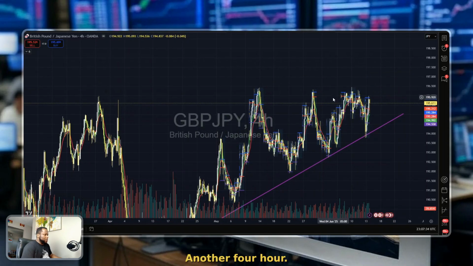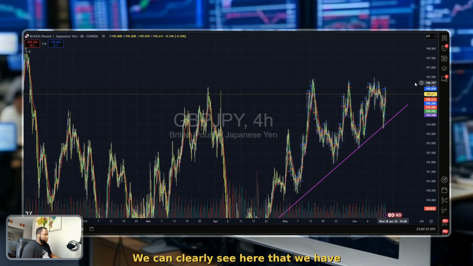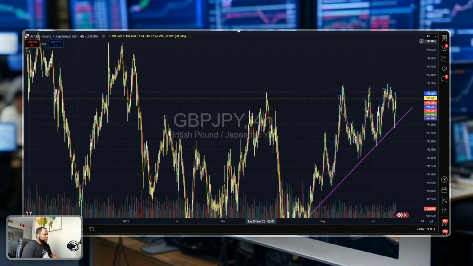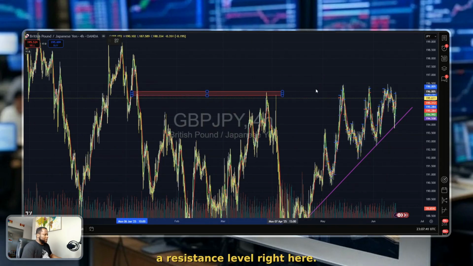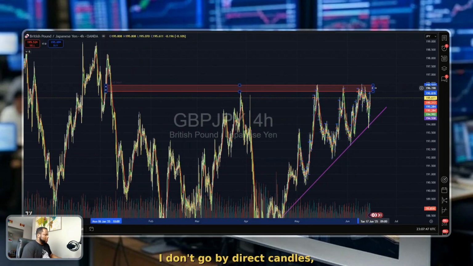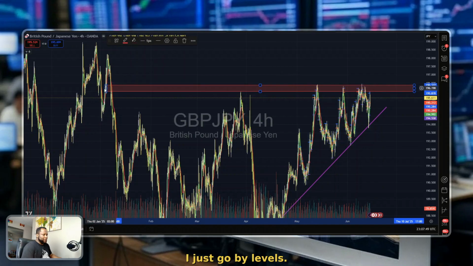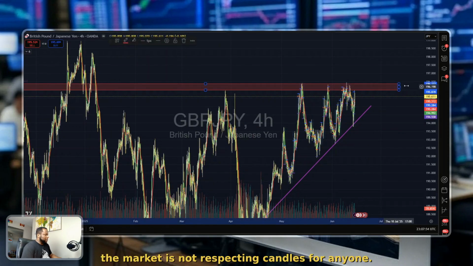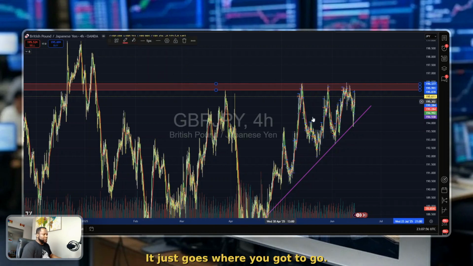Okay. And on the 4 hour, we can clearly see here that we have a resistance level right here at 196.37, I think 196.37 ish. I don't go by direct candles, I just go by levels. Okay, so the market is not respecting candles for anyone. It just goes where it's gotta go.